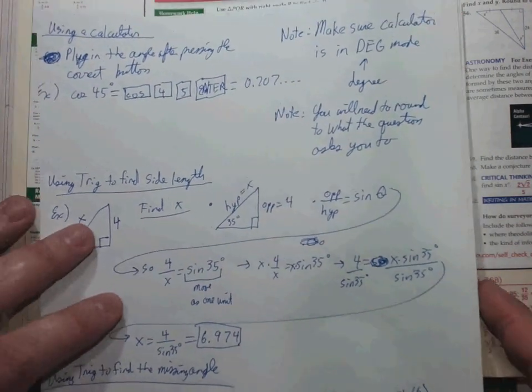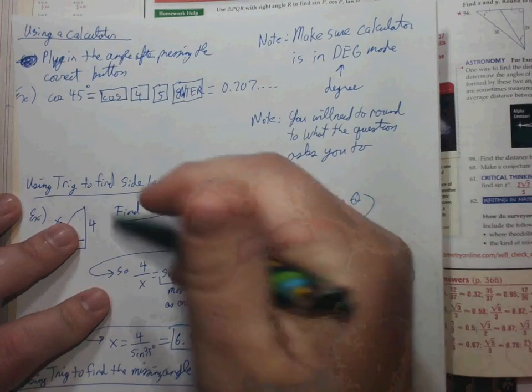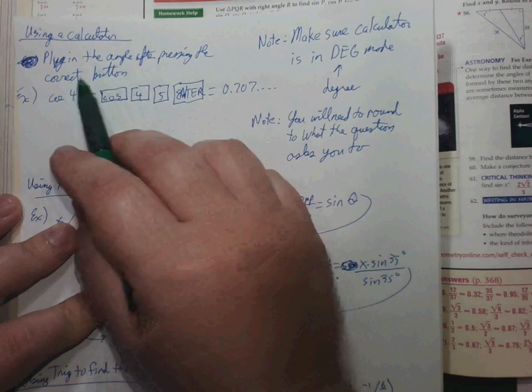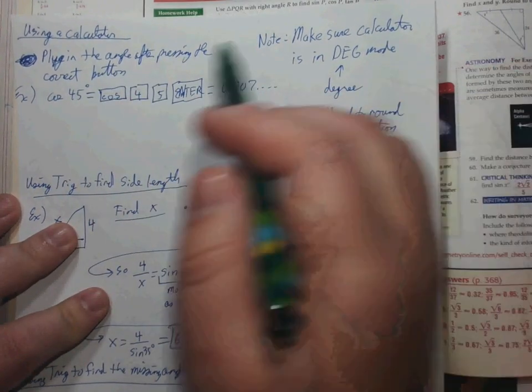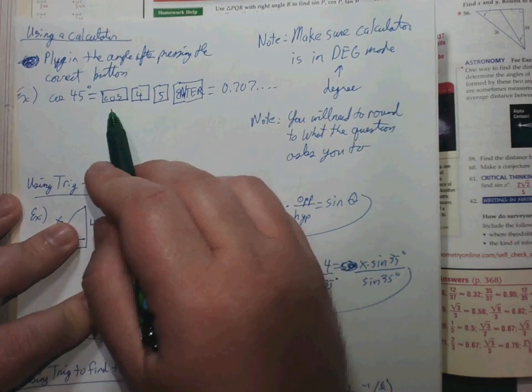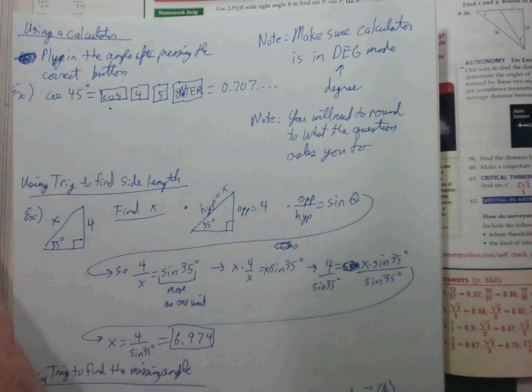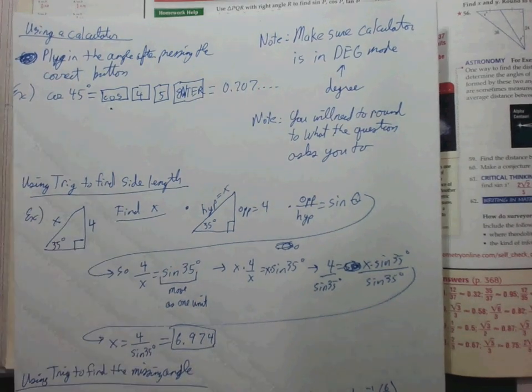Next one. Using a calculator. You plug in the angle after pressing the correct button. For instance, cosine of 45 degrees. You hit the cosine button, and let me get my calculator to show you here. This isn't a graphing calculator.